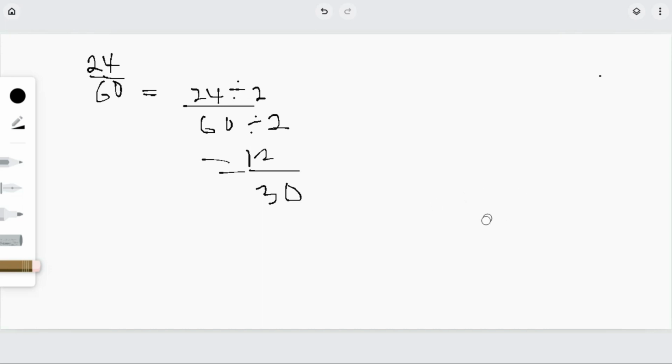So 1 plus 2 is 3, so definitely 3 can go into 12. Now let's check if 3 can go into 30. 3 plus 0 is 3, so definitely 3 can go into 30 without remainder.